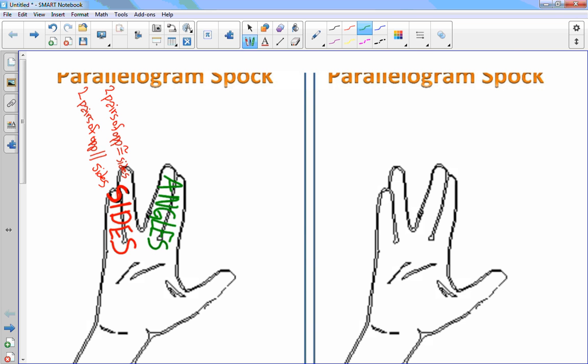What are two things we know about the angles? There's one of them listed on your paper. Opposite angles are congruent. So we have two pairs of opposite congruent angles. I'm just going to draw an angle symbol.